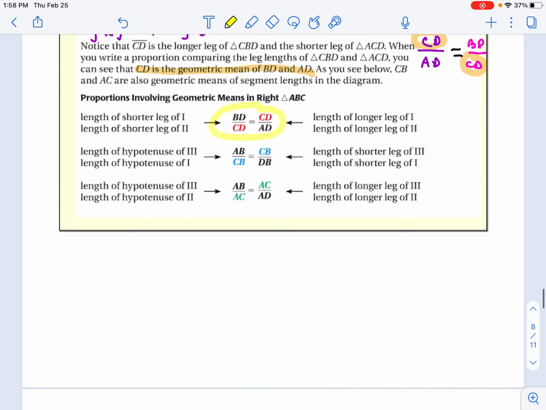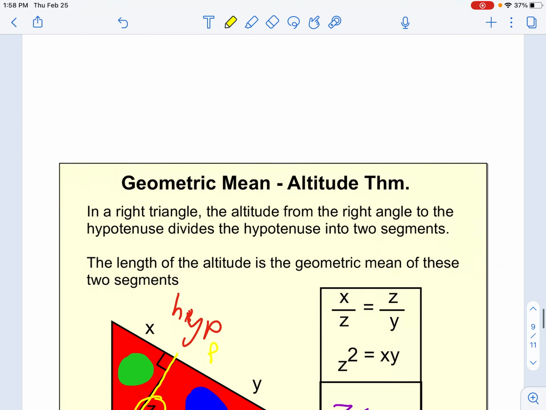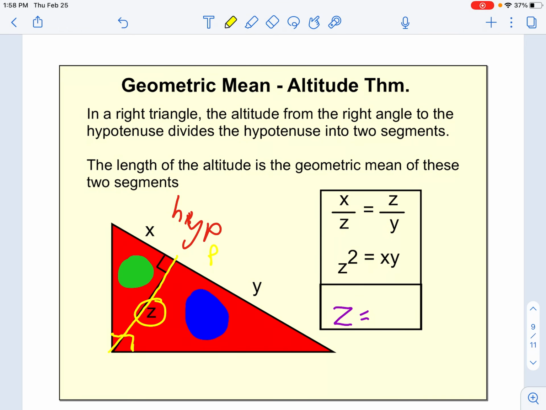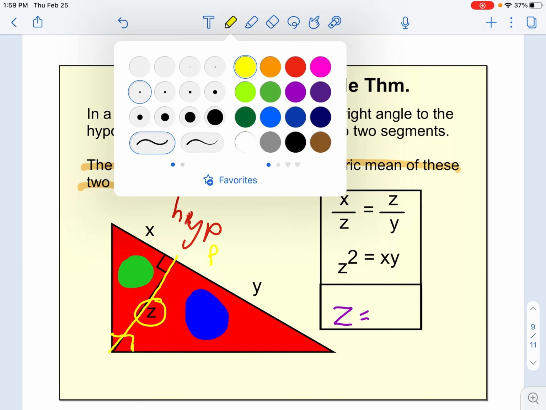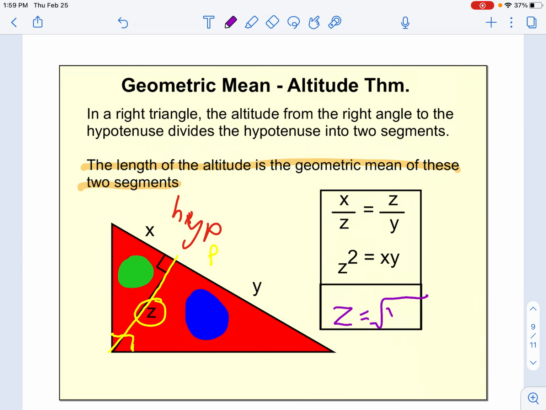We showed you in this last example why it works out because of the similar triangles, but it's a very fast shortcut for finding a missing piece in the triangle at times. So Z, that altitude, is the geometric mean of the two segments of the hypotenuse. So Z is equal to the square root of X times Y, where X is one piece and Y is the other. Now, that's the easier of the two theorems.